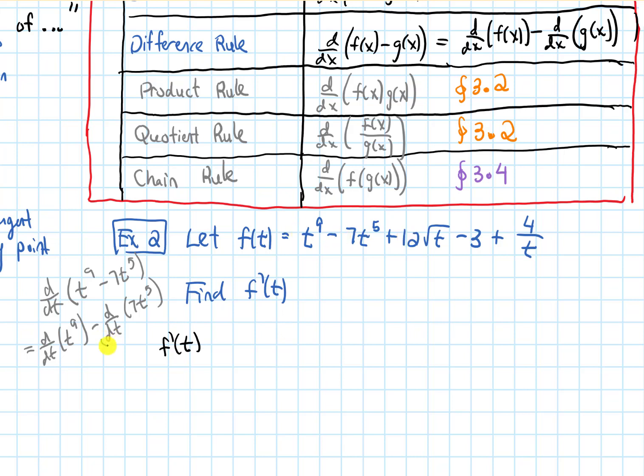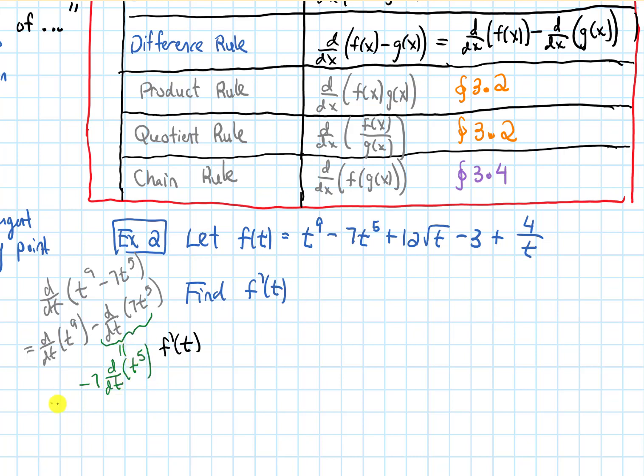Let me also just point out that where I have a constant like 7 multiplying the rest of my function, because of the constant multiple rule, I can pull that 7 to the front and get minus 7, and then just multiply that by the derivative of t to the 5th.